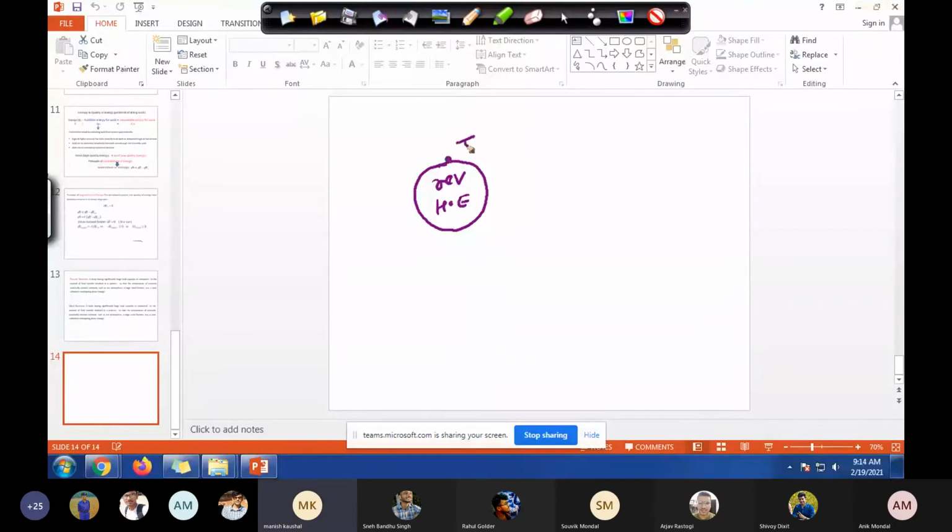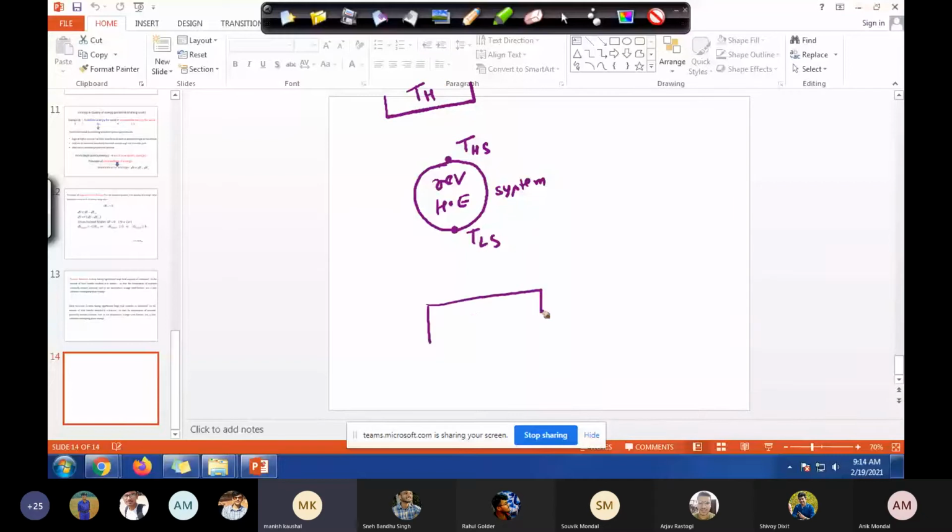Let's say this temperature is THS. So this is my system. At this location temperature is THS. At this location temperature is TLS. This is TH, hot reservoir.